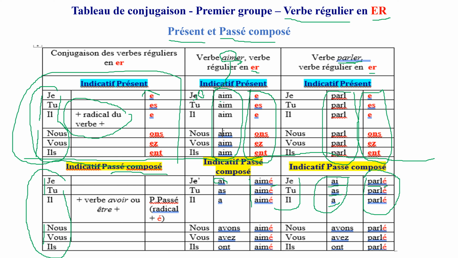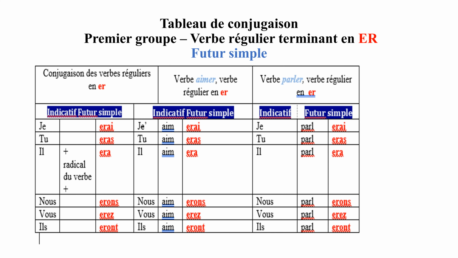I guarantee you. Now we're going to look at the same verbs, but in the futur simple. Okay, verbe terminant en ER. We're going to use the same examples, verbe aimer and verbe parler, ending in ER. So, here again is your person: je, tu, il, elle, on, which I didn't write, but it belongs here, as you already know. Nous, vous, ils.